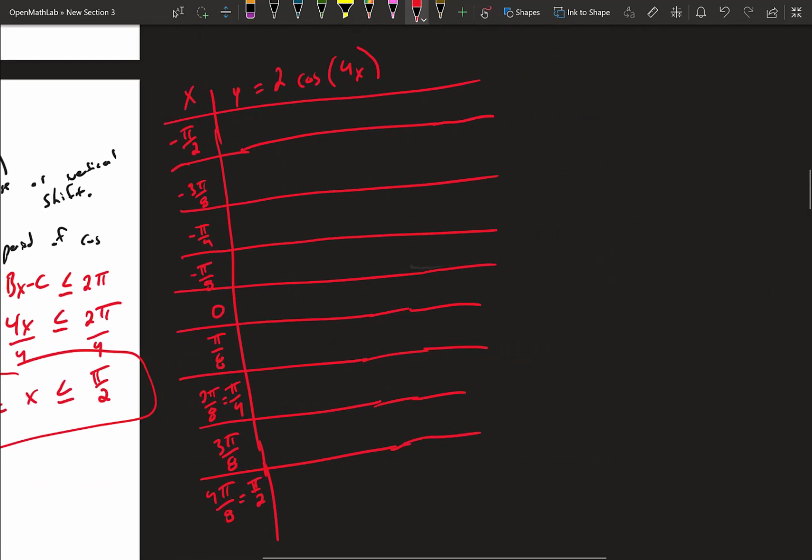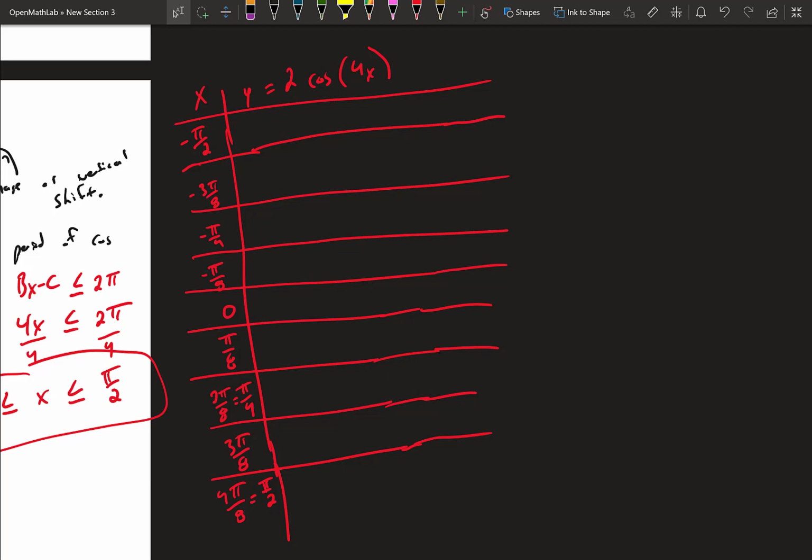Right, so then I can begin to fill in these y coordinates. We'd have y equals 2 times cosine of 4 times negative pi over 2. So this would be equal to 2 times cosine of negative 2 pi.